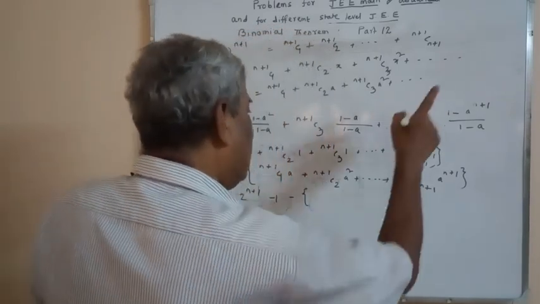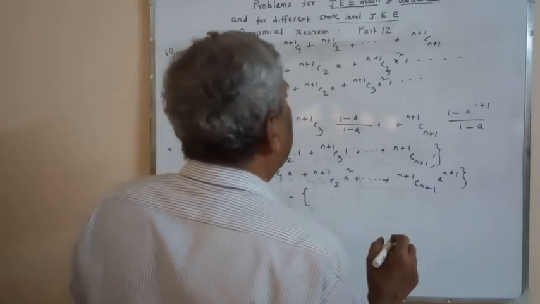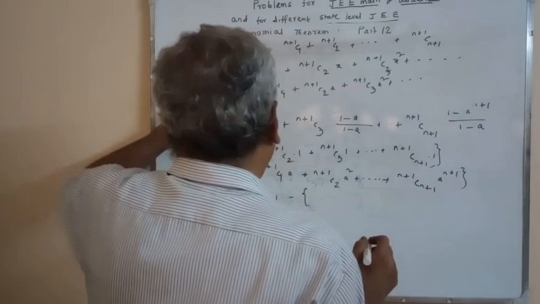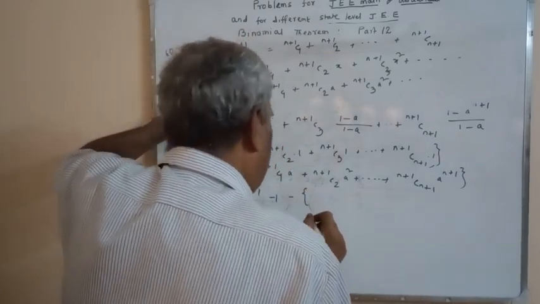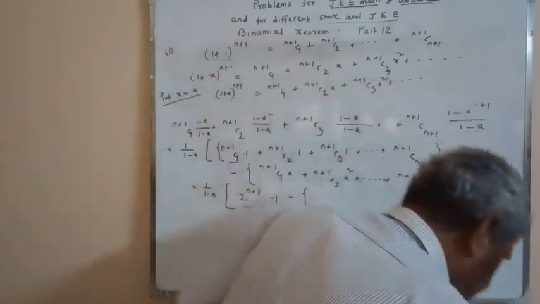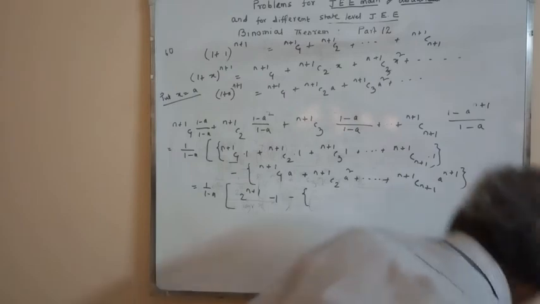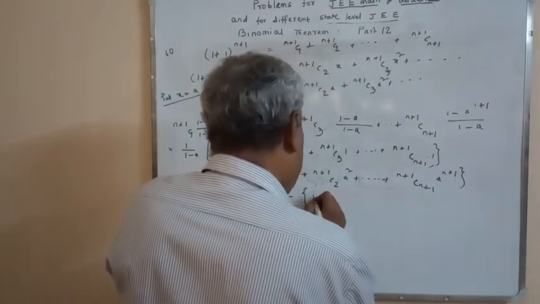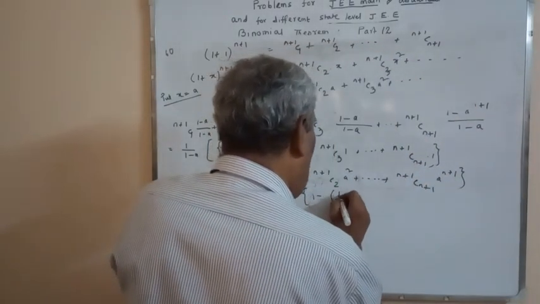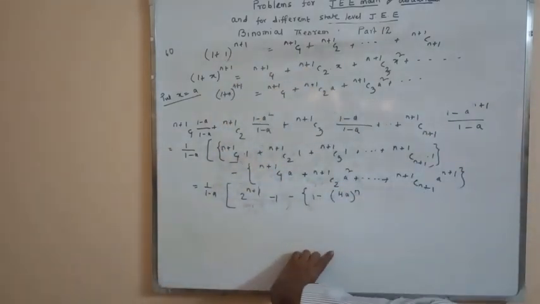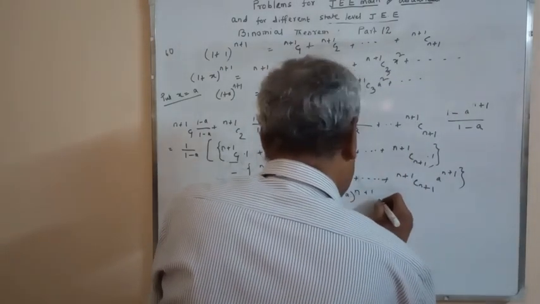Unfortunately, I have cleaned it, rubbed it. Anyway, this is equal to 1 minus 1 plus a to the power n, 1 minus a to the power n plus 1 minus 1.